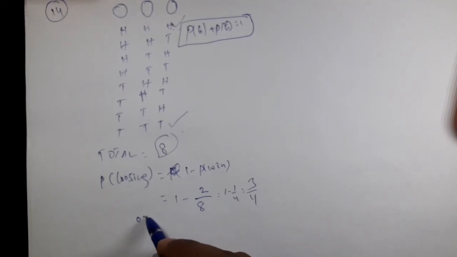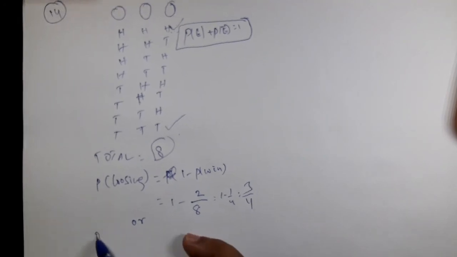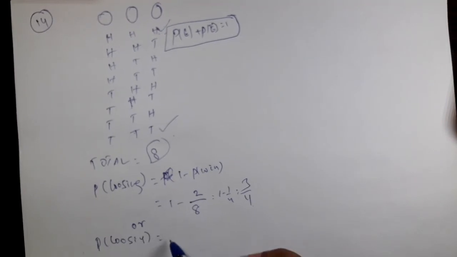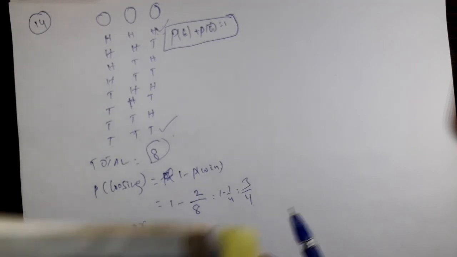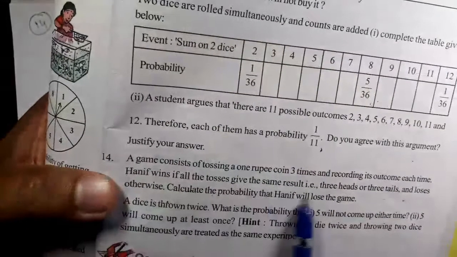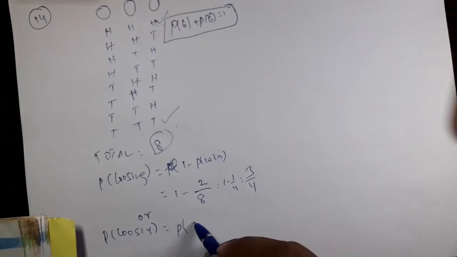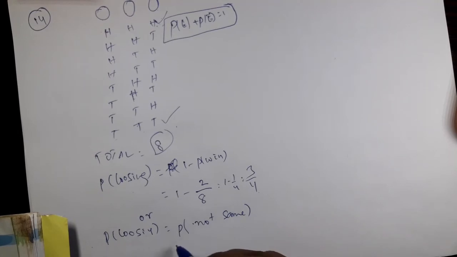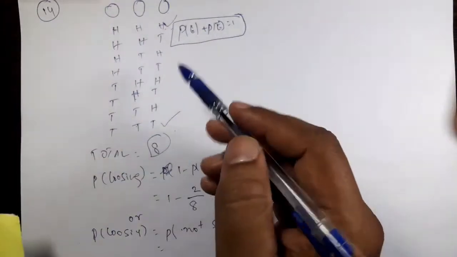Of course, this question may be solved in another way also. The probability of losing means the probability of not winning. He will win if the same result is there, and he will lose if the same result is not there in these 8 outcomes.